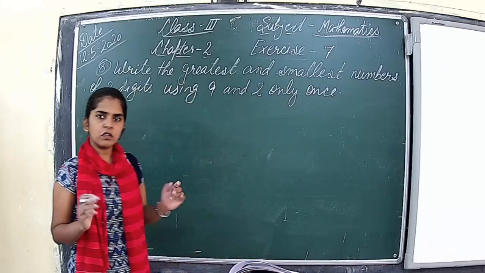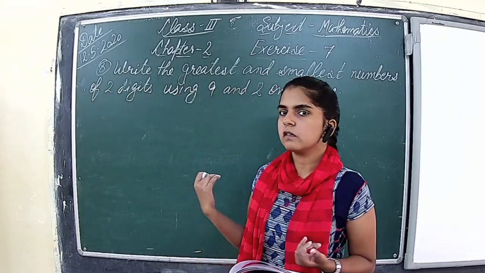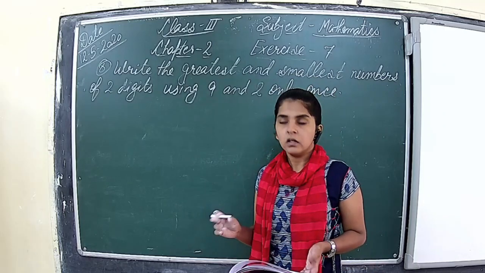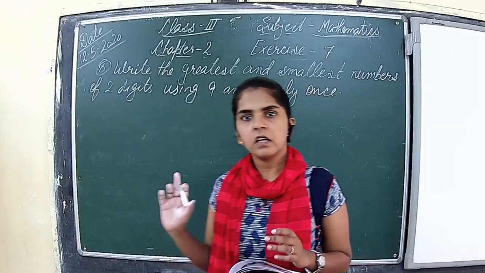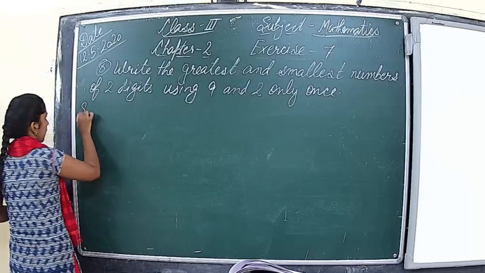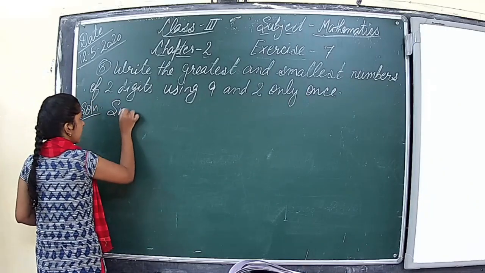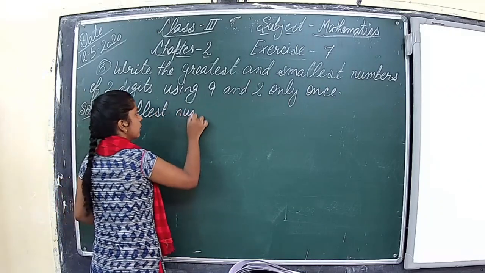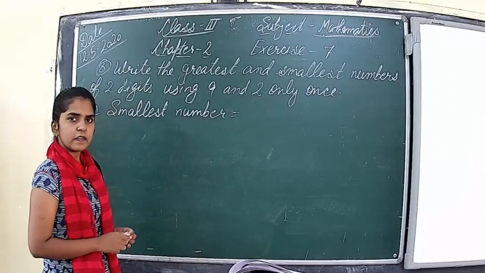This type of question we have done, right? To form the greatest number using digits, we arrange the digits in descending order, and to form the smallest number, we arrange the digits in ascending order. So here the smallest number will be, now you arrange the digits in ascending order.